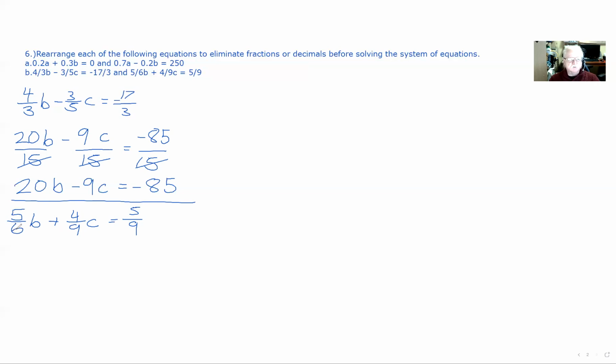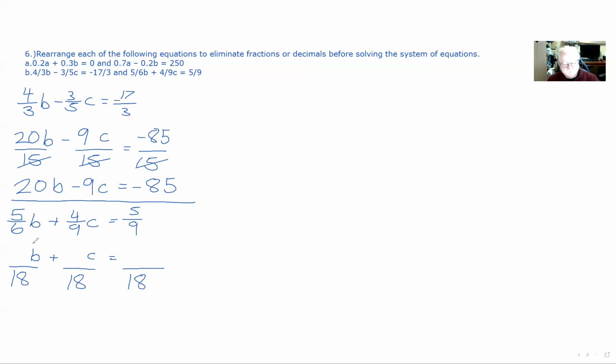We need a common multiple between 6 and 9, and we'll shoot for 18. We can go something over 18 times b plus something over 18 times c equals something over 18.